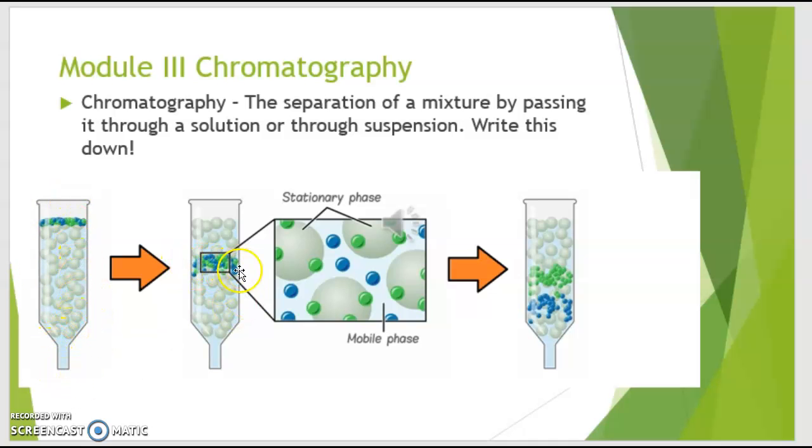The green and blue represents our solution that has the busted open E. coli cells that have all these proteins in it. And so you're able to allow for certain chemicals to pass through while other chemicals do not, and essentially separate the protein of interest in the chromatography phase.